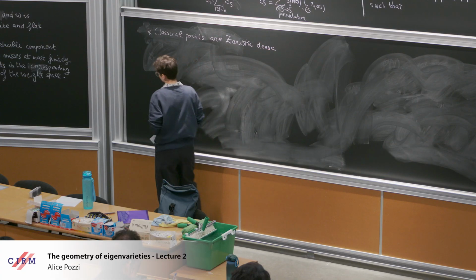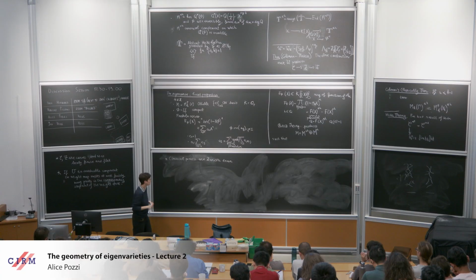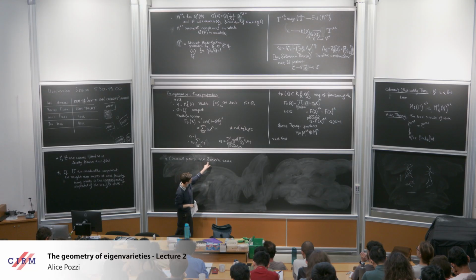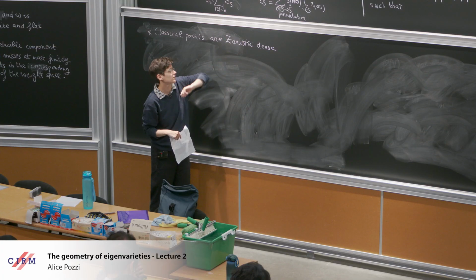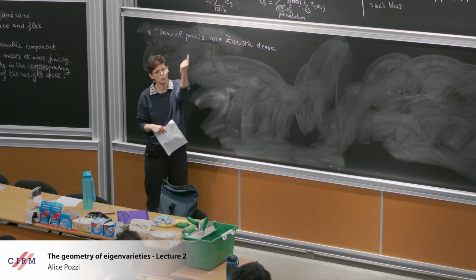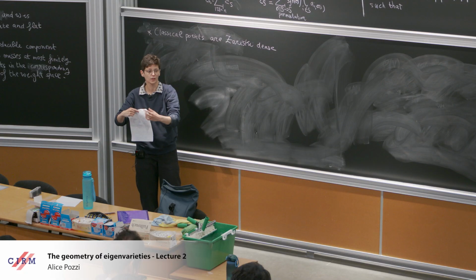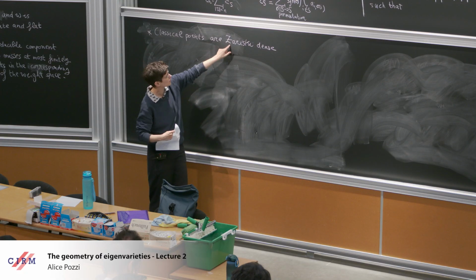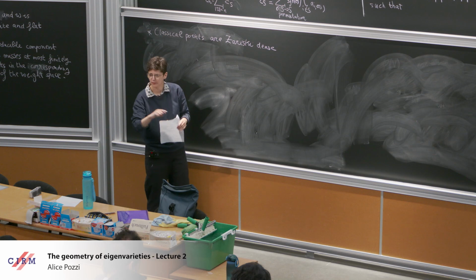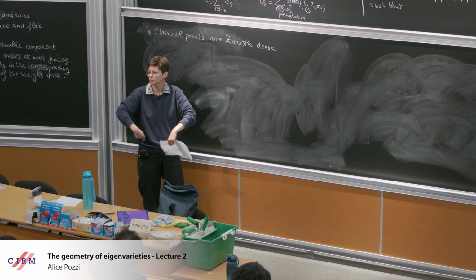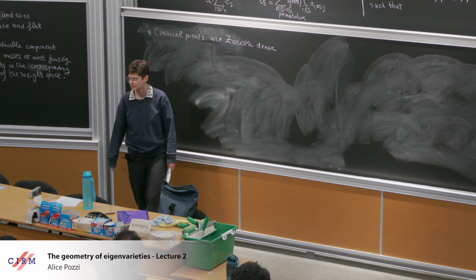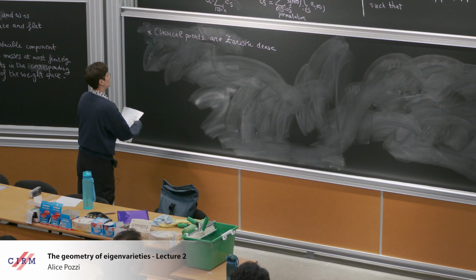In fact, as I said, they are what is called very Zariski dense, which means that not only are they Zariski dense, but if I take a point, I can find a basis of open affinoids around it, and the classical points will still be Zariski dense inside it.